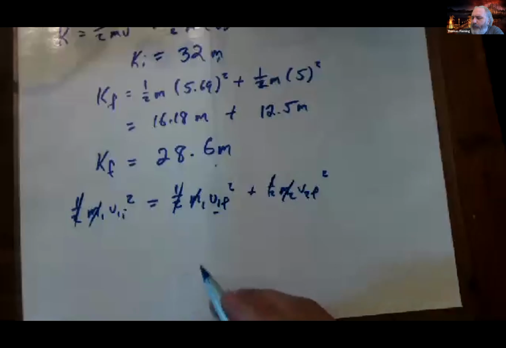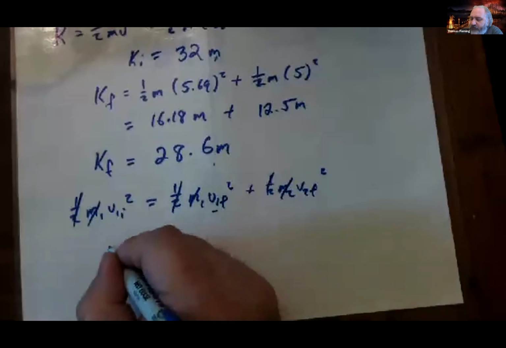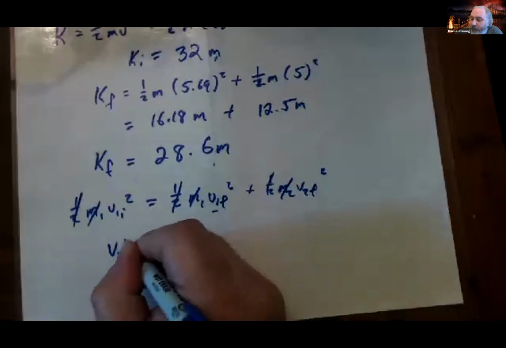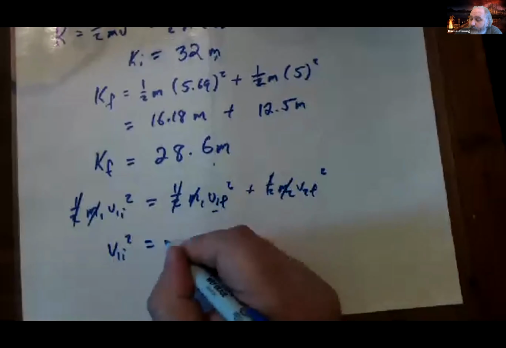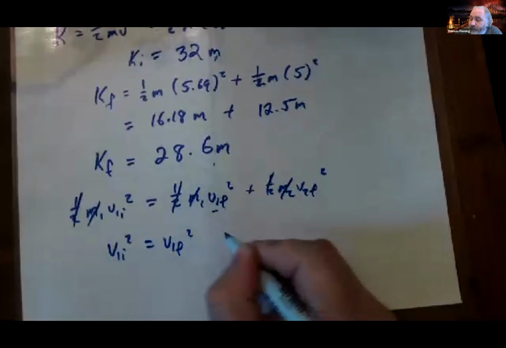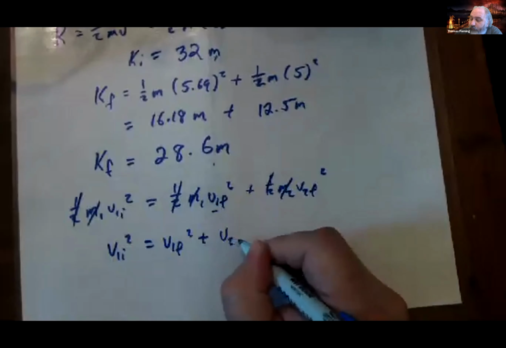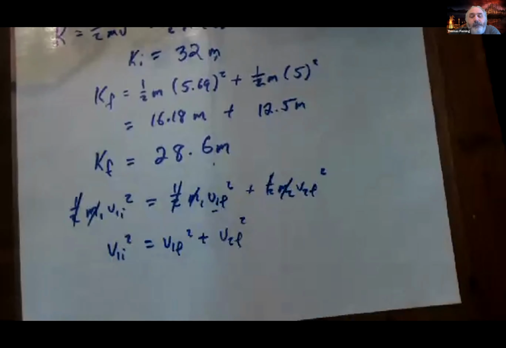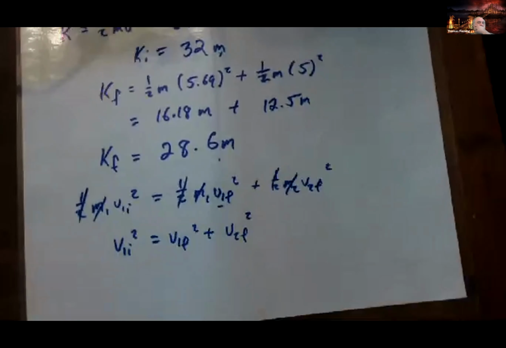So what we would have ended up with, had it been an elastic collision, was that v1 initial squared had to equal v1 final squared plus v2 final squared. Now again, this is a very special case. It assumes that I have 2 objects, one of which was originally at rest, and both of which have the same mass. But if those 2 assumptions were correct, and it's elastic, that's going to be true.